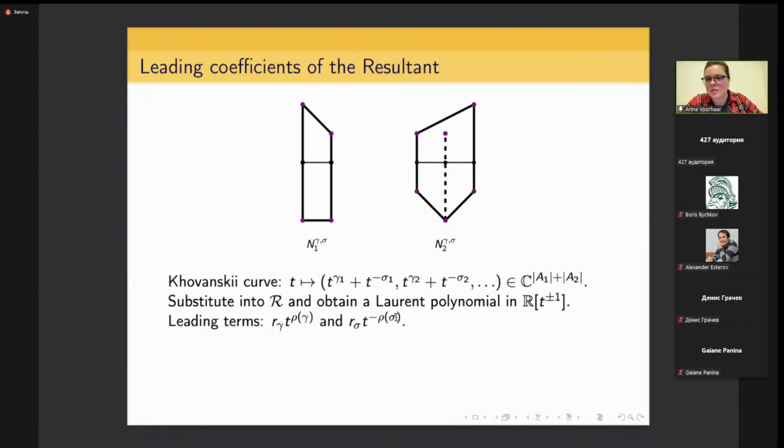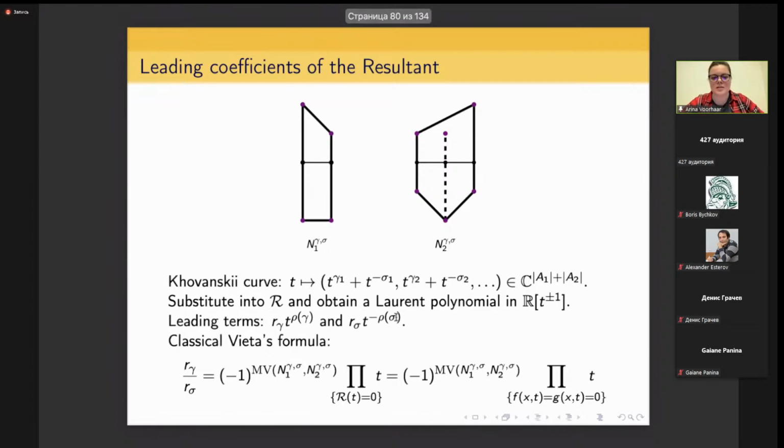Now, as you can imagine, what happens is that we remember the famous classical Vieta formula that relates the product of roots of a polynomial with the quotient of its leading coefficients.